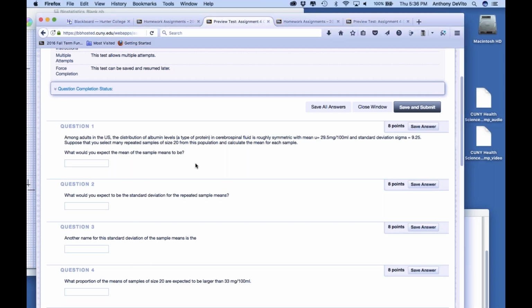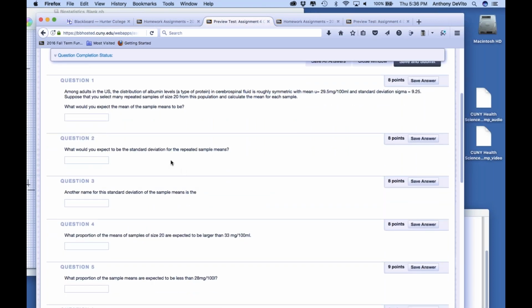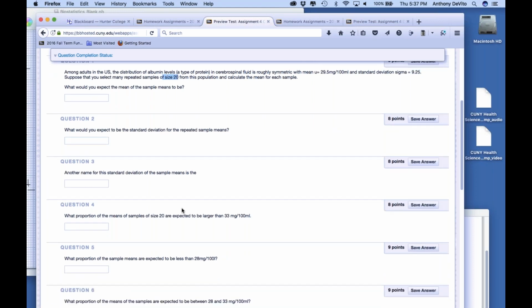We'd expect the mean of the samples to approximate the mean of the population, which is 29.5. Okay. And what would you expect the standard deviation for the repeated samples to be? Well, we would expect it to be the standard deviation of the population divided by the square root of the sample size. Sample size was 20. Okay, so we would continue to go through that from that point.